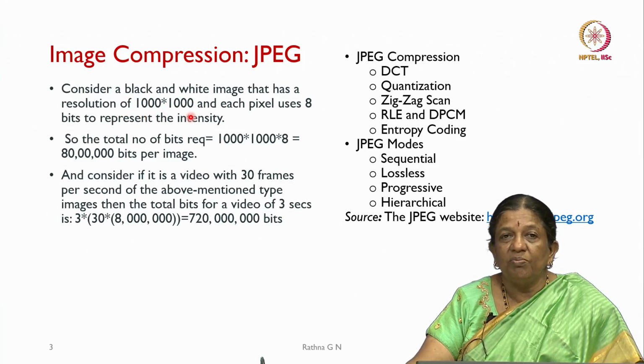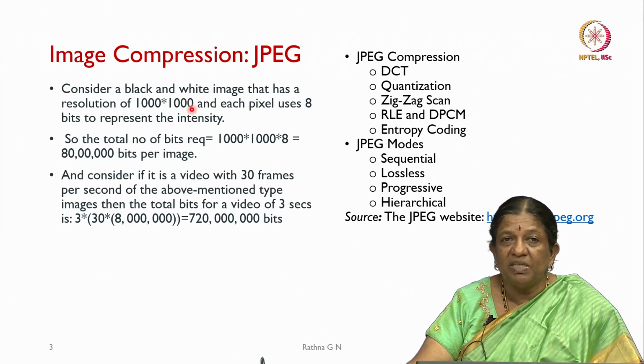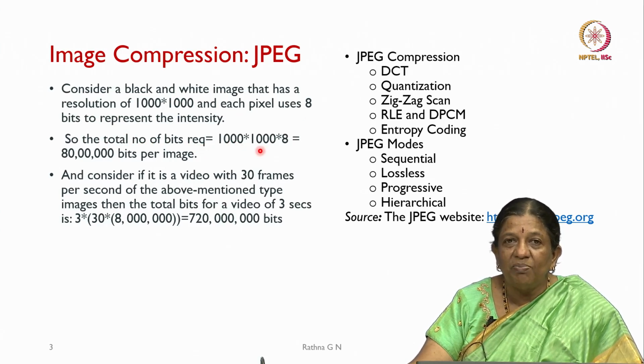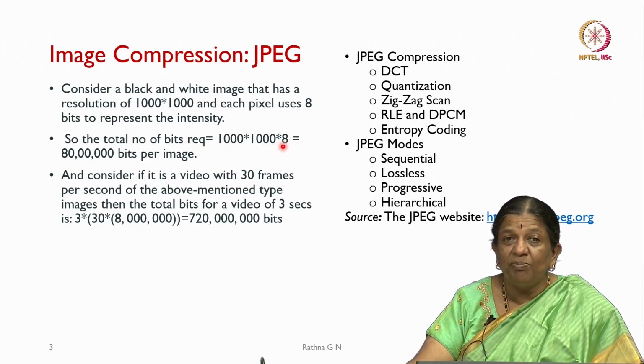We know that for black and white, 0 to 255 is enough, so 8 bits are sufficient to represent the intensity of a pixel. The total number of bits required, if we multiply 1000 by 1000 into 8 bits, comes to about 80 lakh bits per image.